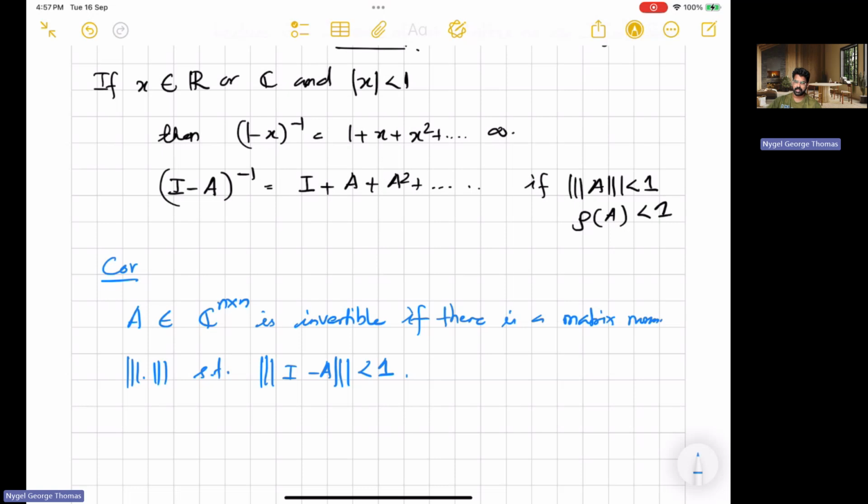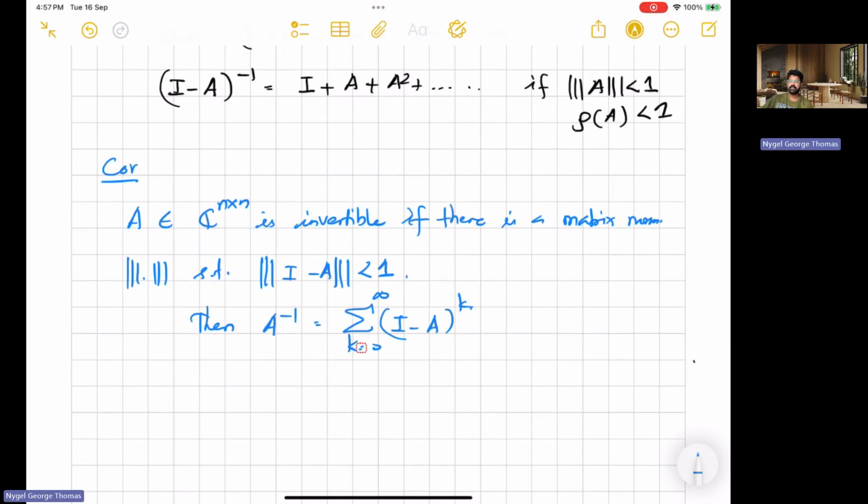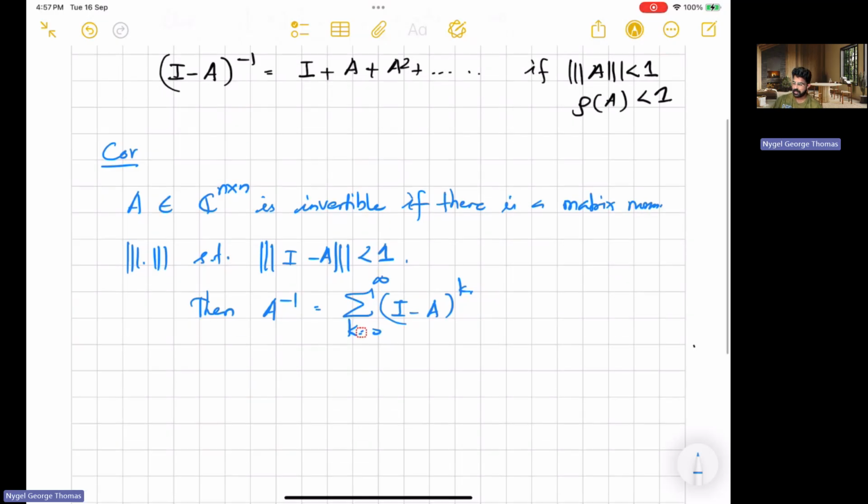If this condition is satisfied, then A inverse can be expressed as the infinite sum of (I minus A) raised to k, where k varies from 0 to infinity.